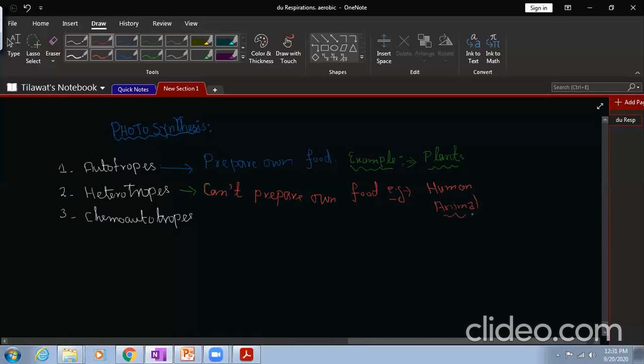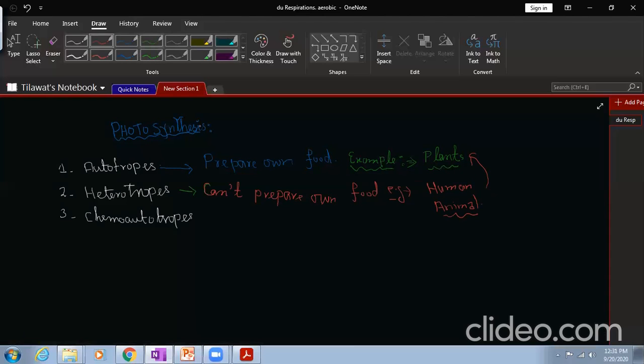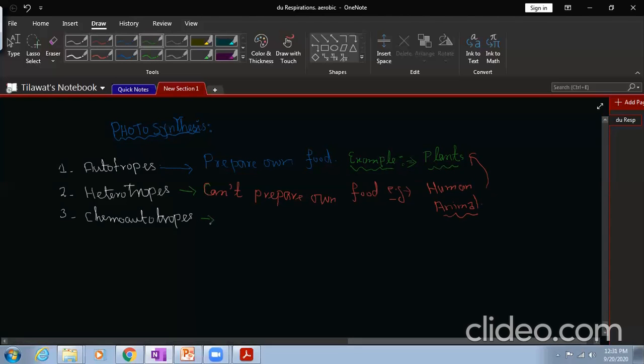We can't prepare our own food, so we depend on plants for the food. For the uptake of food, we depend on whom? On plants, right? Chemoautotroph, this is a unique category.